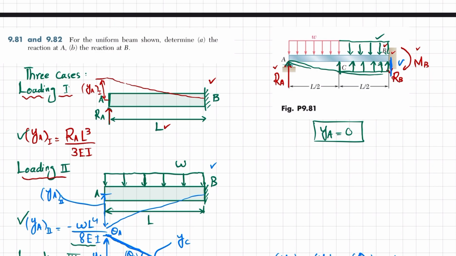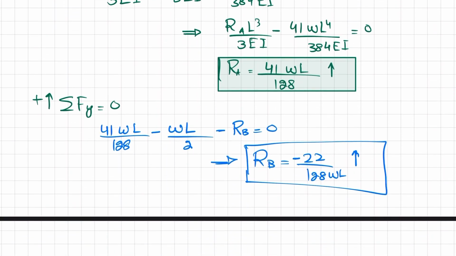So RB should be upward, and this RB is 22 over 128 WL. Why? Because the answer shows the negative, so it means that our direction should be upward.